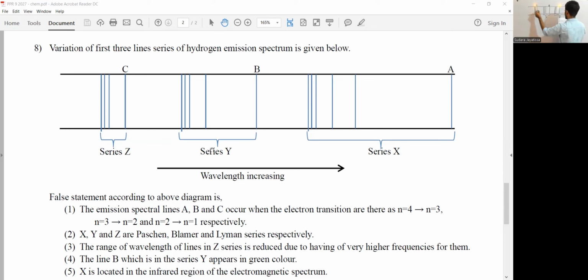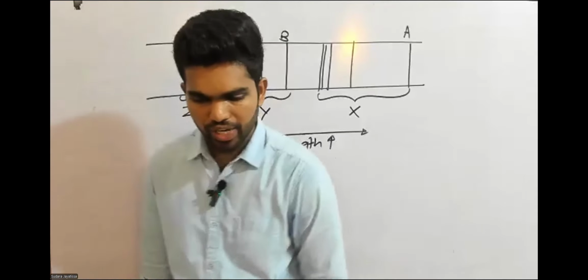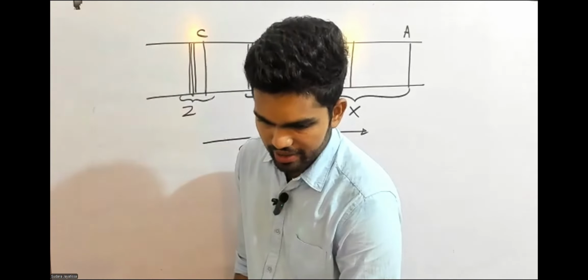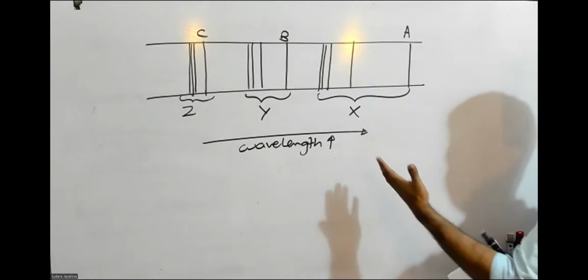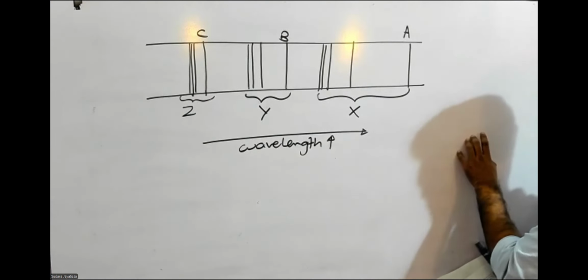And this is your C. And this is the series Z. And from left to right, wavelength increases. So finding the answer is not that difficult. So here you have wavelength increasing towards the right side.